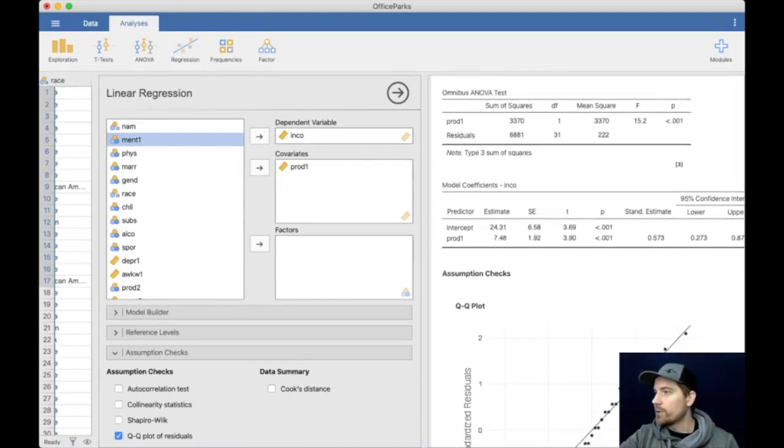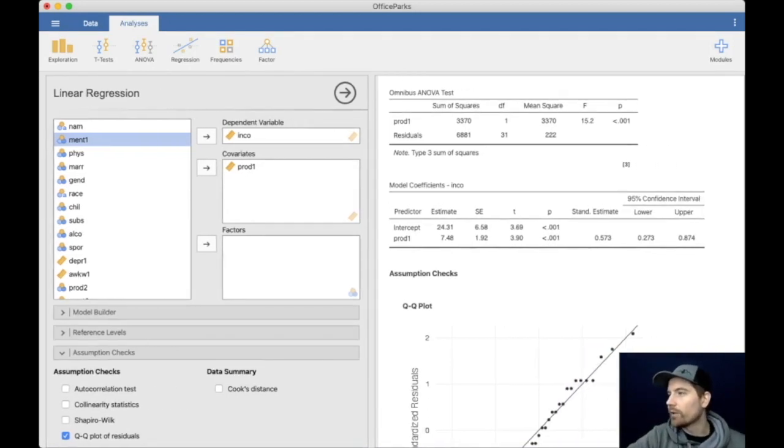Now, when we get down to the model coefficients, I'll scoot this over more so we can see the whole thing. This is where the information can be very rich for us. Productivity here is the line we're going to focus on. If you remember in the lecture, the intercept is just telling us what the average of your outcome is, in this case income, when all your predictors are 0.